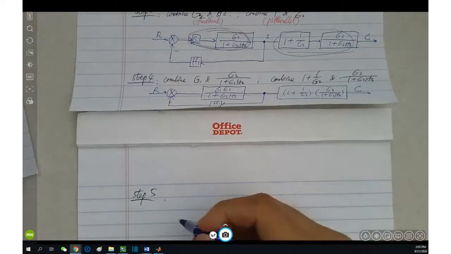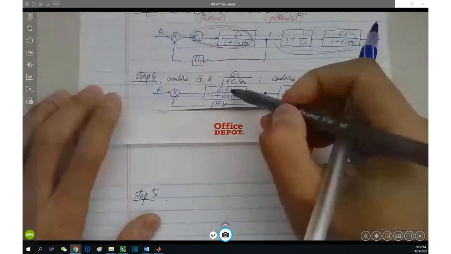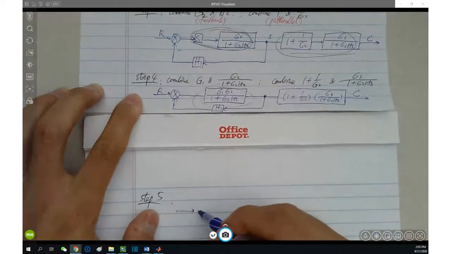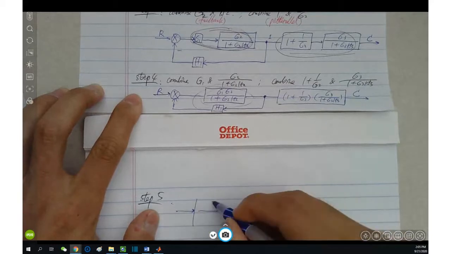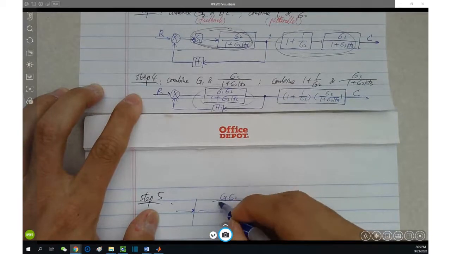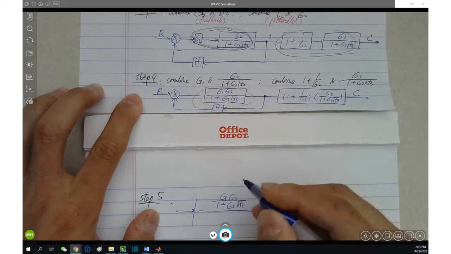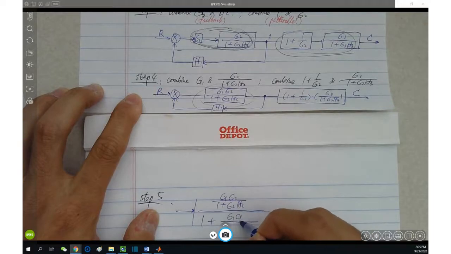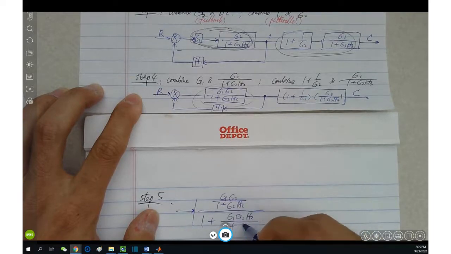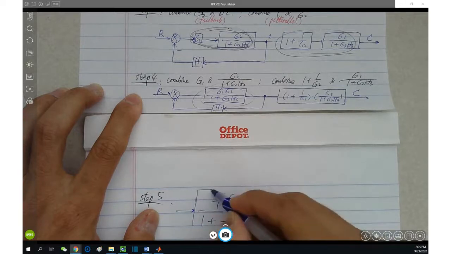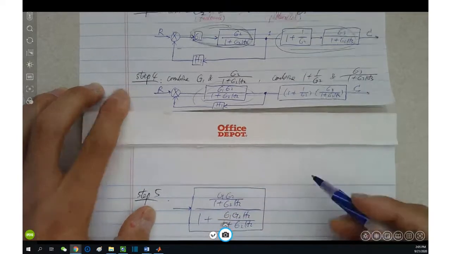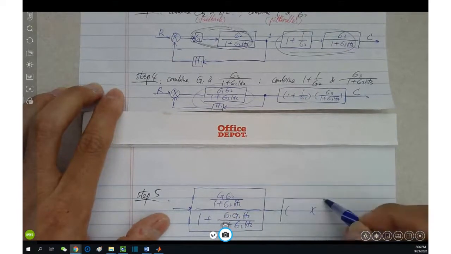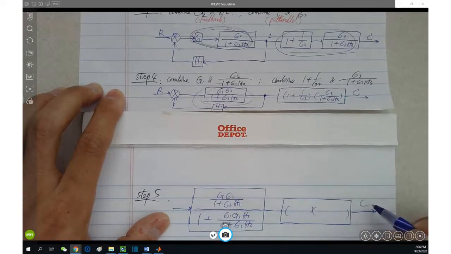This is feedback, and then what you got is G1, G2 over 1 plus G2, H2, over 1 plus G1, G2, H2 over 1 plus G2, H2. Makes sense? This is the feedback result, cascade with the rest one.